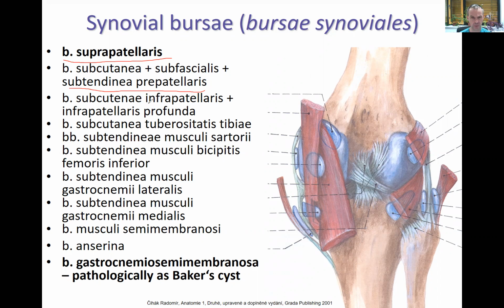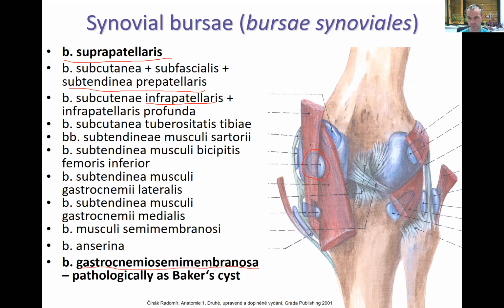Then we have two infrapatellar bursae, subcutaneous and the deep one. And out of the other ones, we can stress the gastrocnemius-semimembranosus bursa, which is located between the semimembranosus muscle and the medial head of the gastrocnemius muscle.